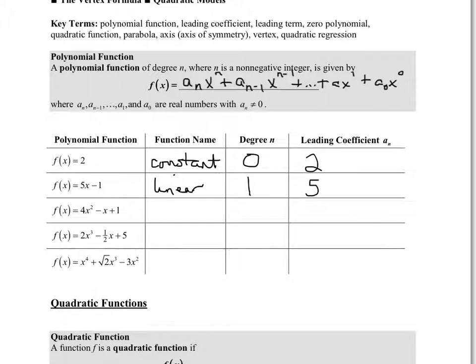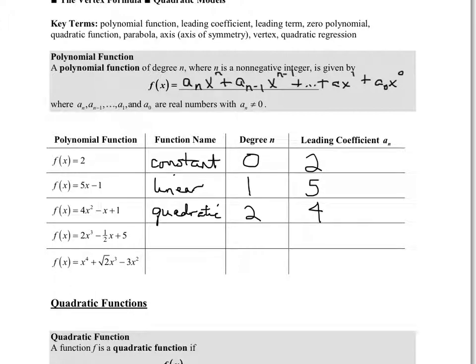Next one is the one we'll spend our time talking about on this lesson, which would be the quadratic. And we know it's quadratic because it has the x squared as the highest degree. So that would mean that variable has an exponent of 2. That makes it a second degree polynomial. And the leading coefficient will be 4.